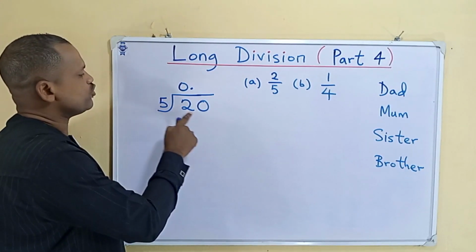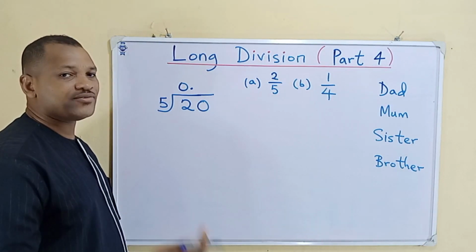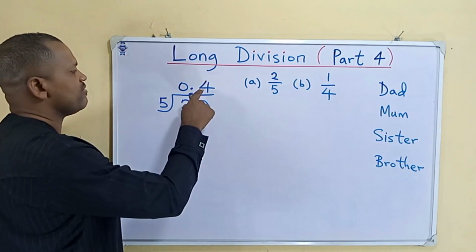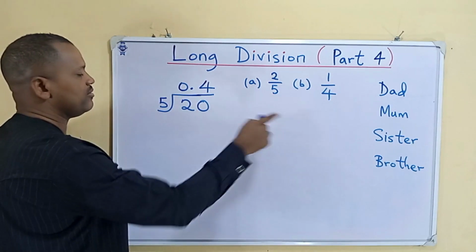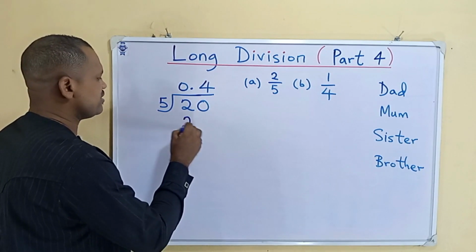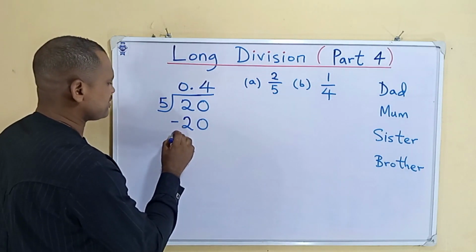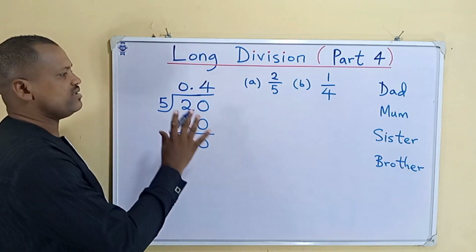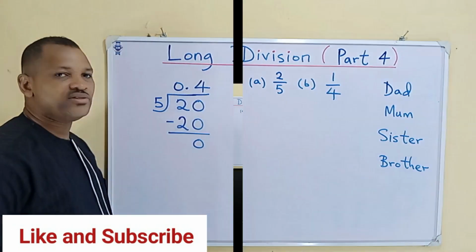So 5 into 20, how many times? 4 times. 5 times 4 is 20. The next step is subtract. If you subtract, it will give you 0. So that is the answer for this problem, 0.4.